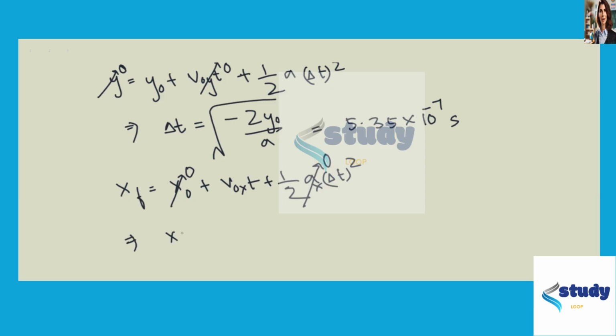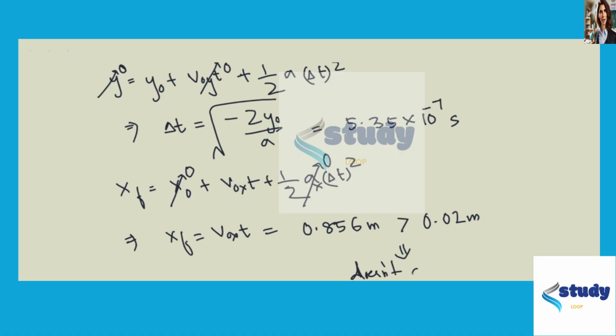So this gives x_f to be v naught x times t, and plugging in the values, we get the answer to be 0.856 meter. This value is greater than 0.02 meter, which means that the proton does not hit the plate.